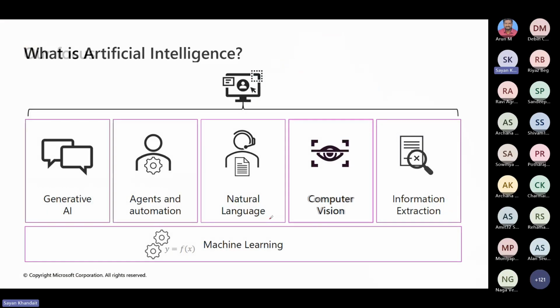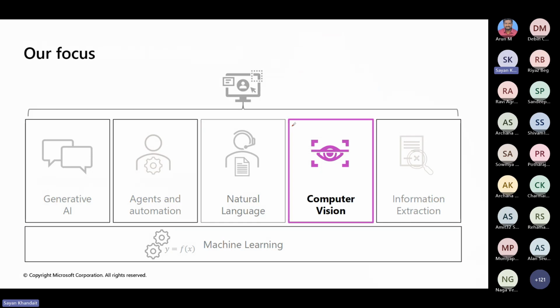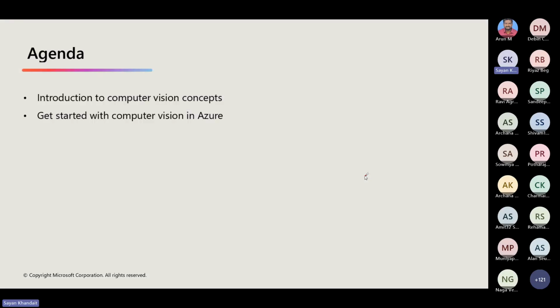So computer vision is the fourth workload that we have for the day, or for AI-900 overall. Here we are going to discuss some of the basic concepts of computer vision. Then we will dive into the Azure services that bring these concepts to life, for example, the image analysis service, the face detection service, as well as the process of reading text with optical character recognition.